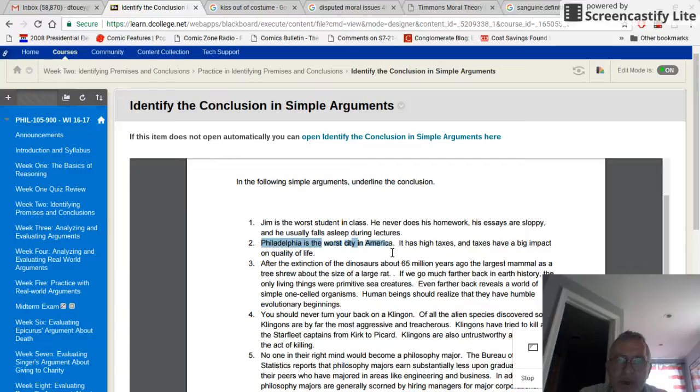And certainly Philadelphia is the worst city in America is the conclusion to the argument of number 2. And it has high taxes, and taxes have a big impact on quality of life, are supporting reasons for a really, really dreadful argument, but still an argument, right? So it's not really clear how we do it.